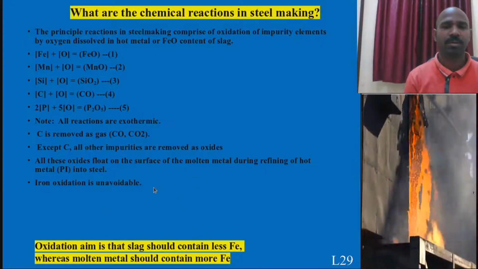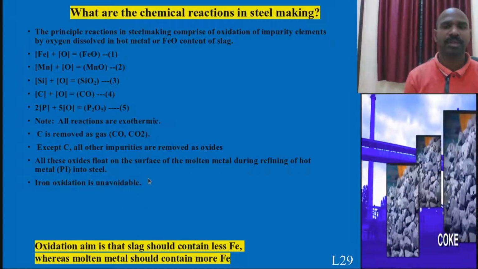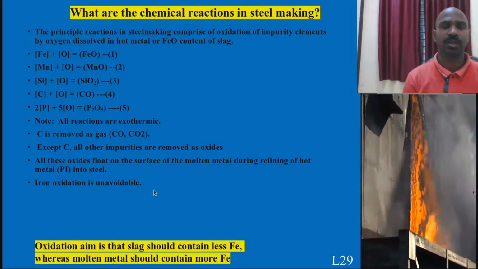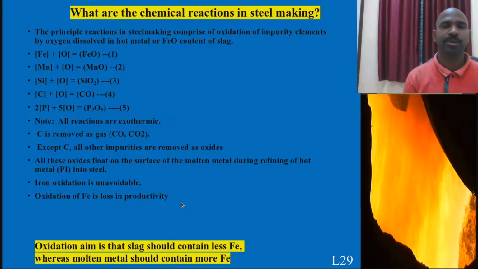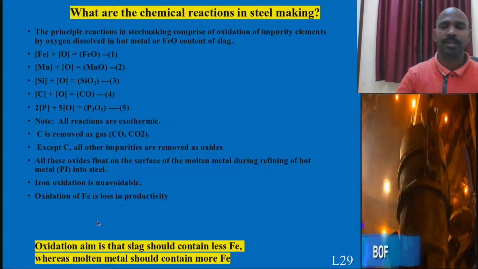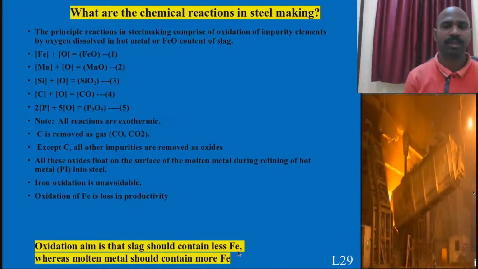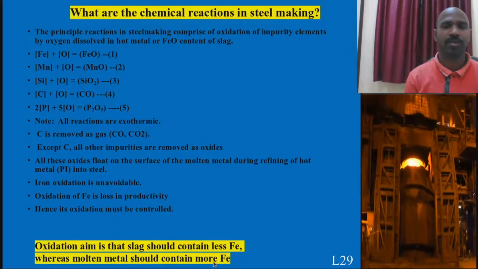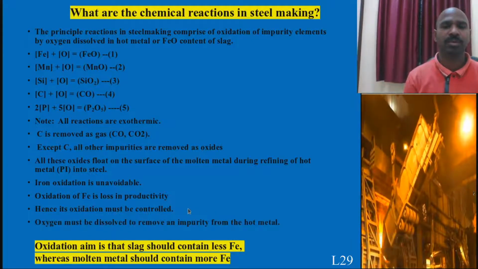Further oxidation, reoxidation of iron, is unavoidable, but controlling iron oxidation is of prime importance in LD converter steel making reactions. You need to make sure that in these oxidation reactions the slag contains less iron and the molten metal, steel, contains more iron. This can be controlled, which is possible.